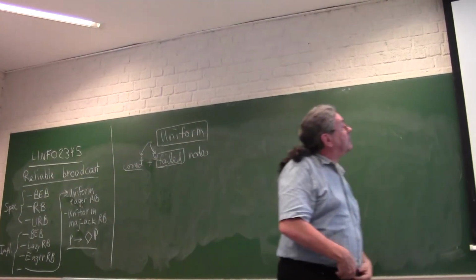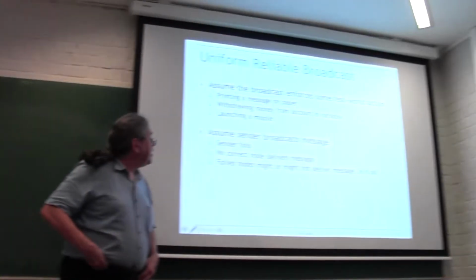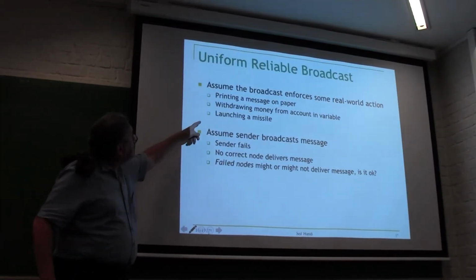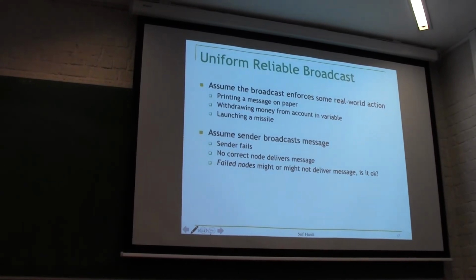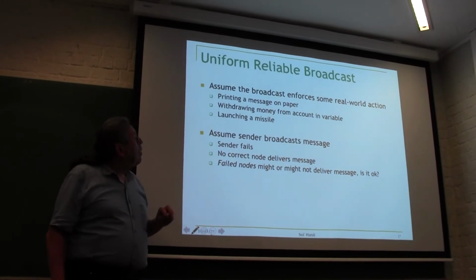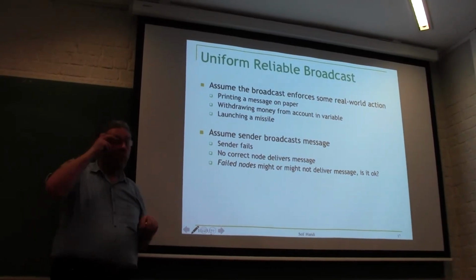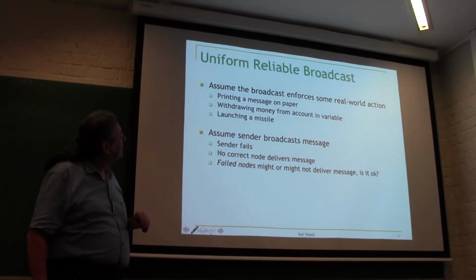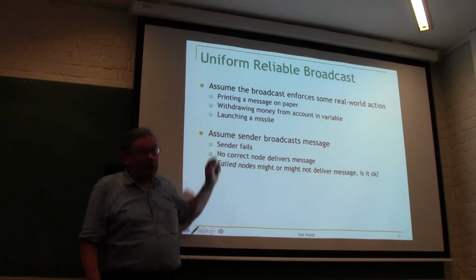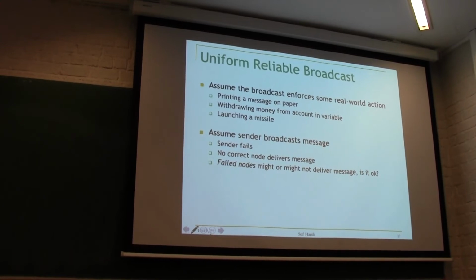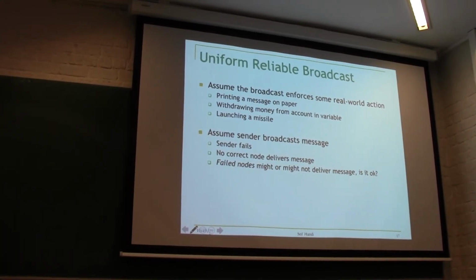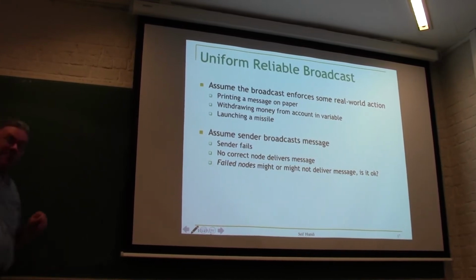But what does it mean precisely? Now here, I want to give you a real-world scenario. Uniform is important when the algorithm is actually doing something in the real world. Let's say the broadcast is a command from some general to launch a nuclear missile. Now that's kind of dangerous.